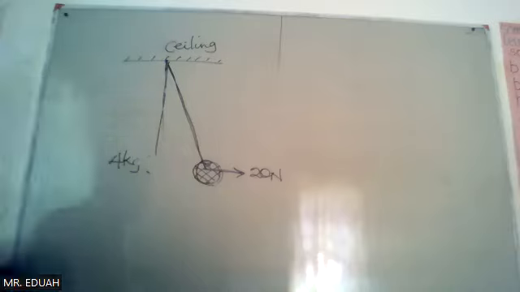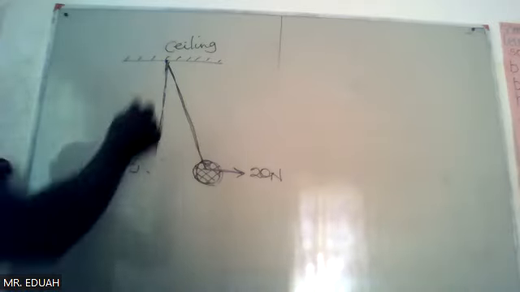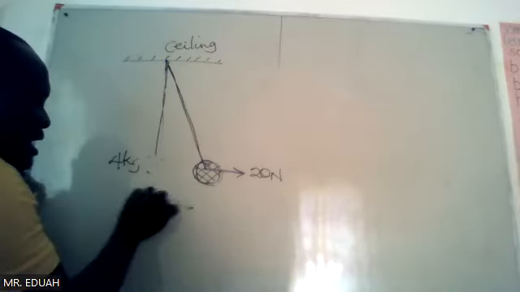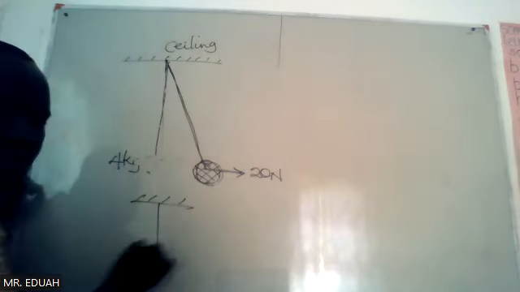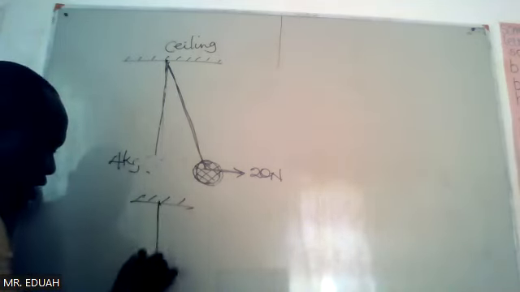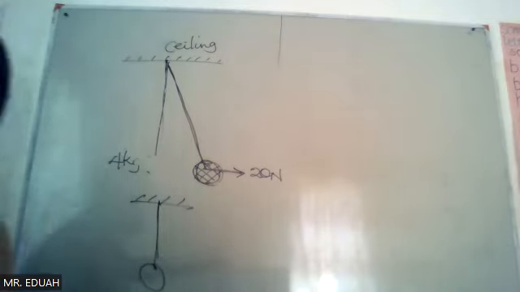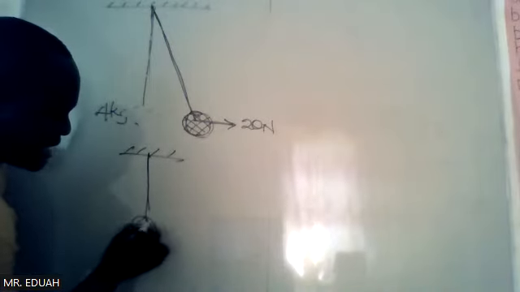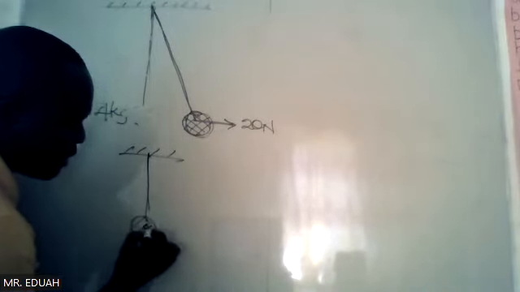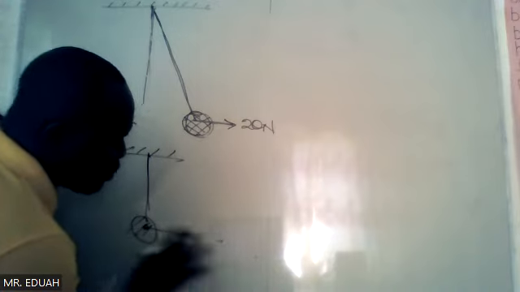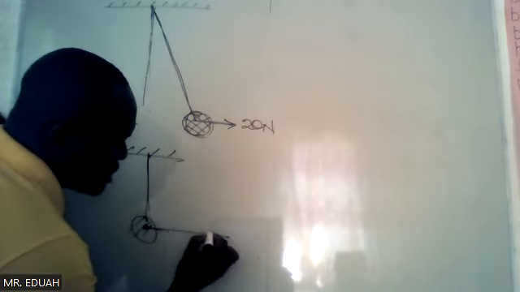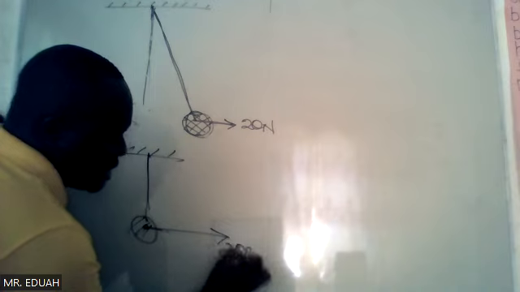So what I'm saying is that initially, this mass is attached to a string. This is the string, this is the mass. Initially it is like this, before the horizontal force is applied. The mass is now pulled by a horizontal force of 20 Newton.